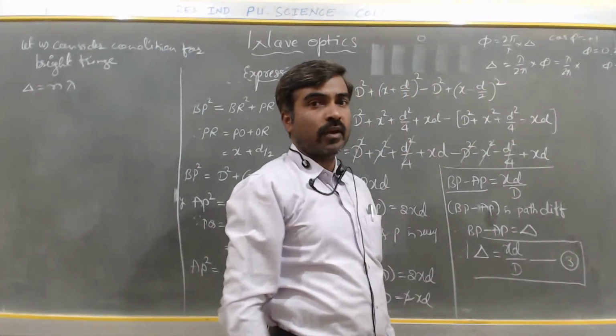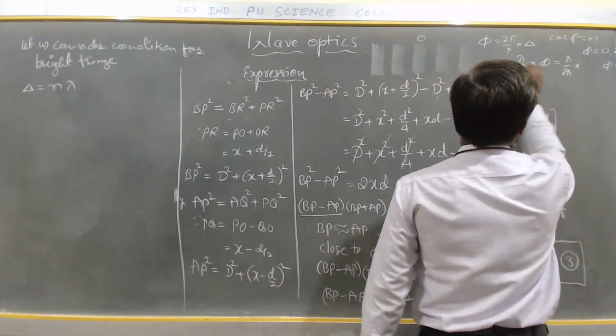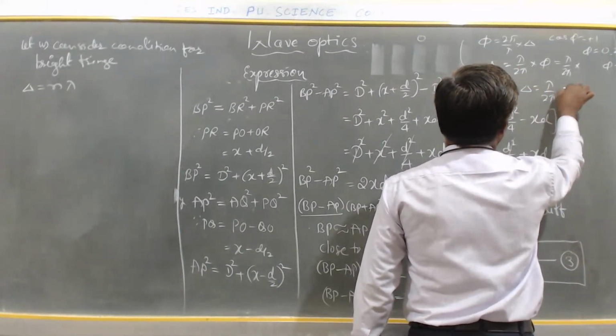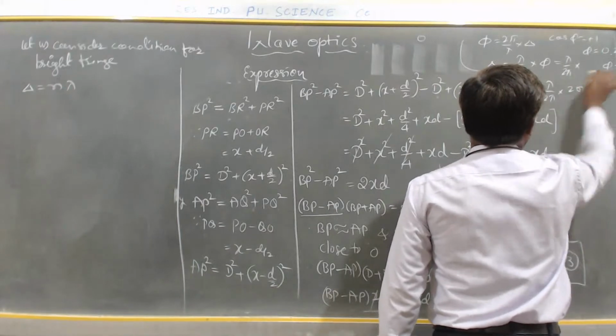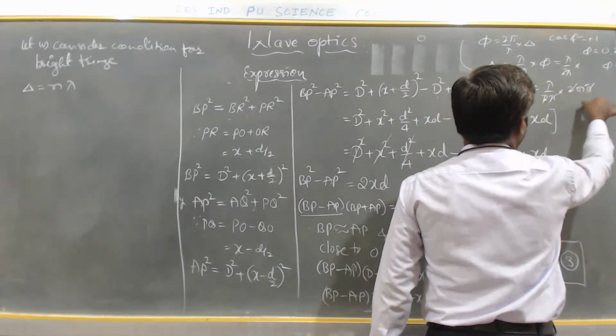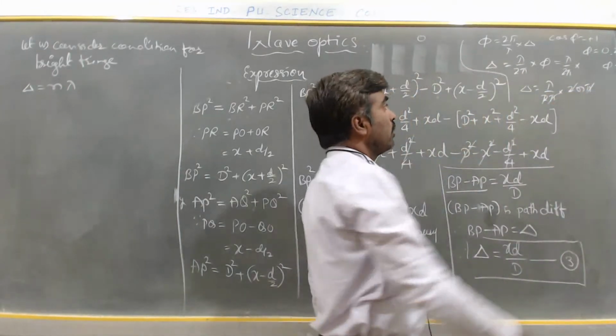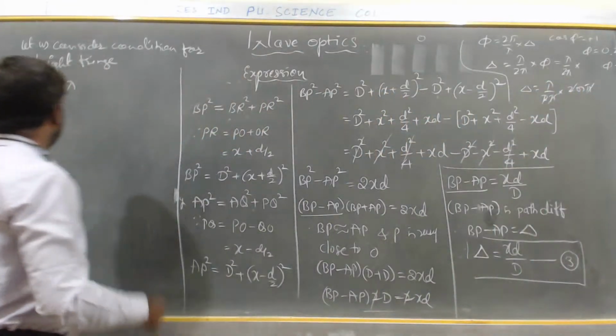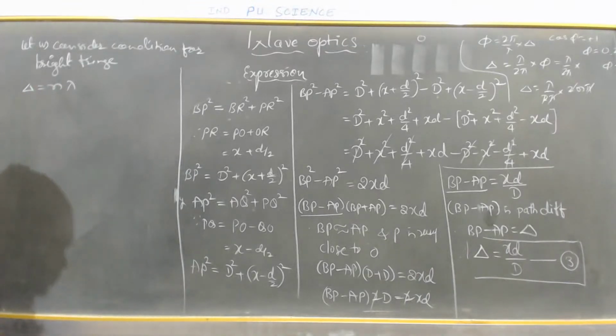When you substitute here, delta equals lambda by 2 pi into 2n pi. 2 and 2 get cancelled, pi and pi get cancelled, so delta equals n lambda. That only we are taking the help of here.